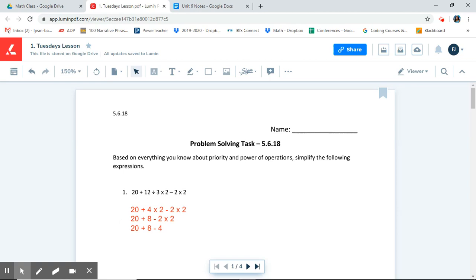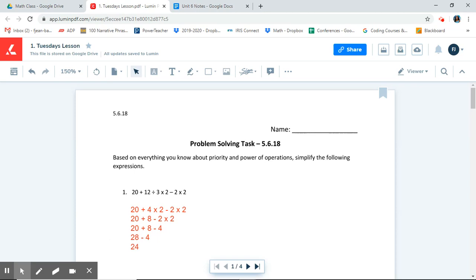So what are we going to tackle first? Yep, 20 plus 8, which equals 28. We're going to rewrite the work below. Now we have 28 minus 4, and when we do that step, we get 24.